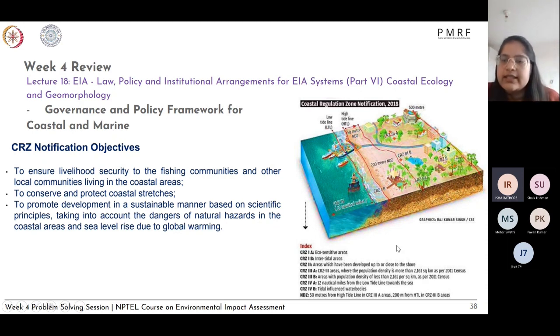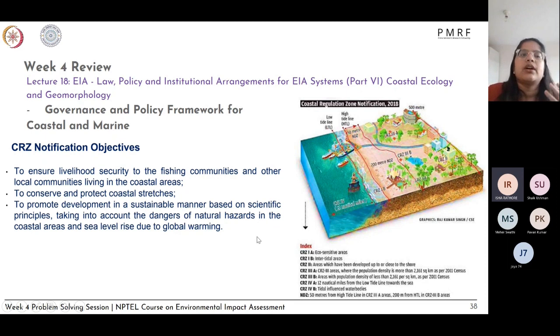So these are basically the coastal regulation zones defined such that development activities and coastal activities can be assigned to specific areas and maintained in those specific areas based on the scientific reasoning and principles of whether it will cause risk to development activities because of rising sea levels, or will it threaten certain areas of development that is planned in those areas.